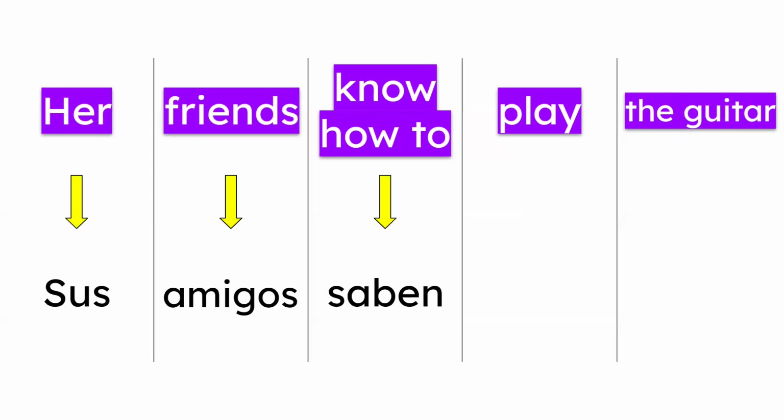And play, do you remember how to say play in Spanish? Yeah, it was jugar, right? But here we have a special case. When we are talking about playing musical instruments, the verb changes in Spanish. We use another word, and that's tocar. That's right. Tocar. Remember that, okay?